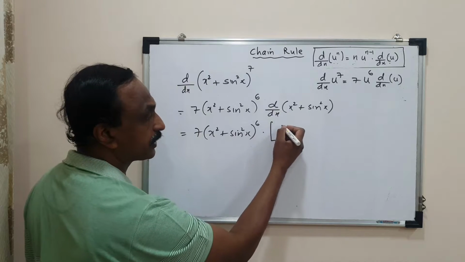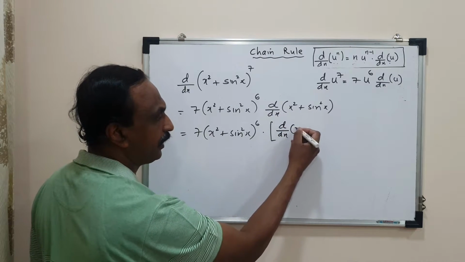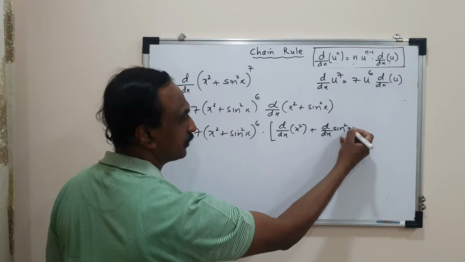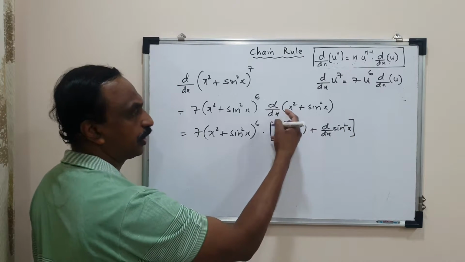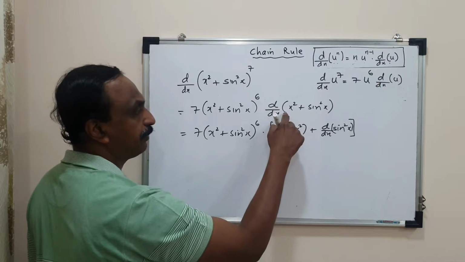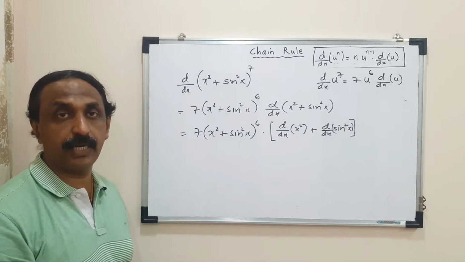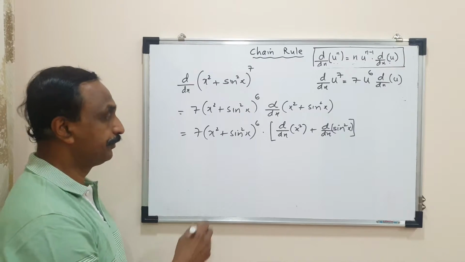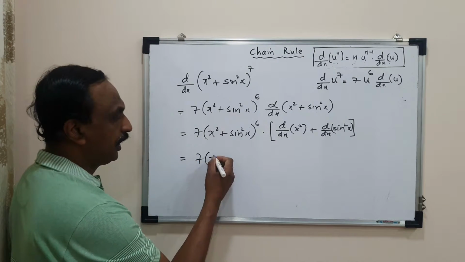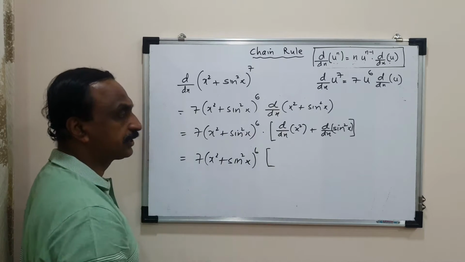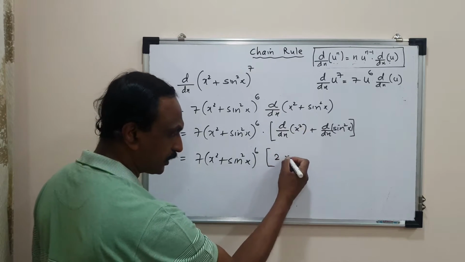Only derivative will go inside. d by dx of x square plus d by dx of sin square x. So remember this, the bracket is very important. Do not delete the bracket. If you delete the bracket, your answer will be entirely something else. So 7 into (x square plus sin square x) raised to 6. Bracket remains. Derivative of x square is 2x.